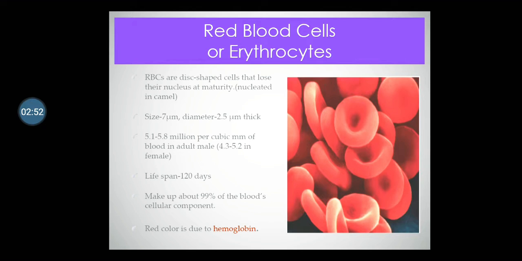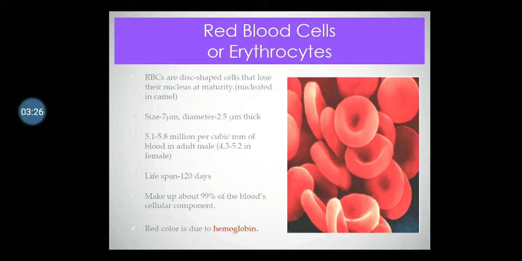They are about 5.1 to 5.8 million per cubic mm of blood in adult male, and in female near about 4.3 to 5.2 million. The lifespan of RBC is 120 days. They make up about 99% of blood's cellular components.